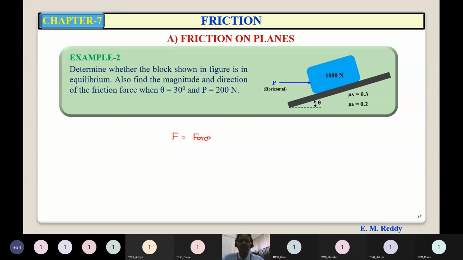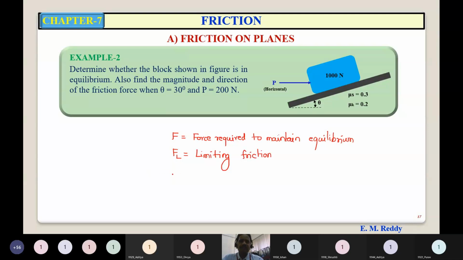It is the force required to maintain equilibrium. And FL is the limiting friction, maximum friction.